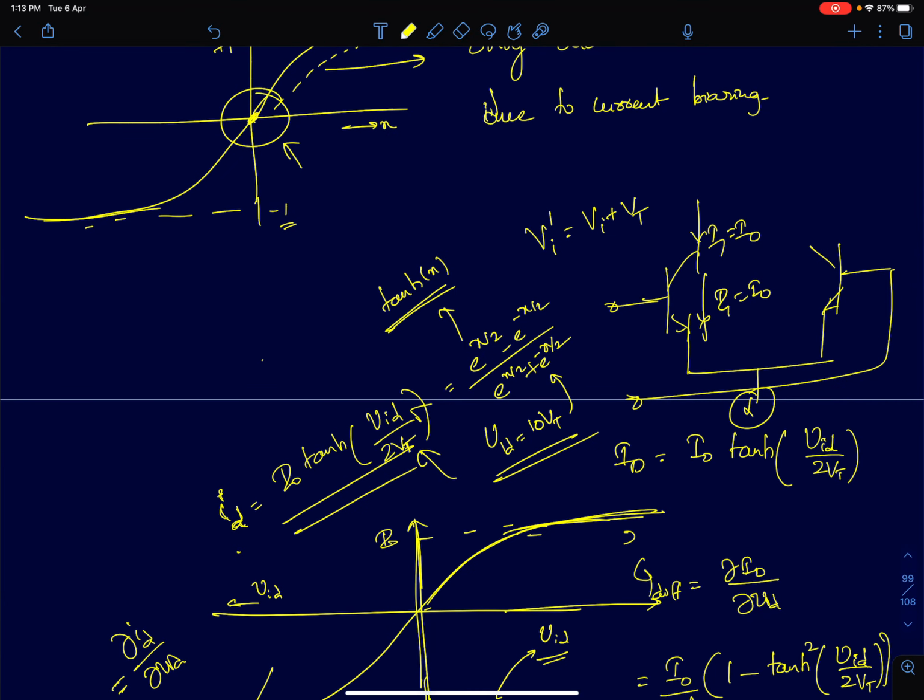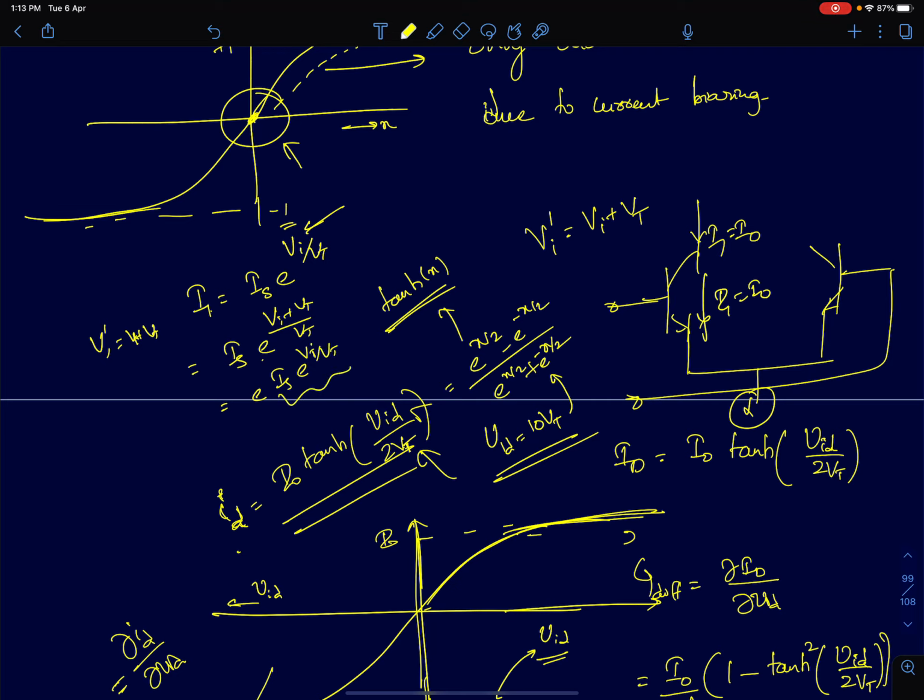So let's look at it: some current I is given by IS e power Vi upon VT. Now if I increase Vi by just 1 VT, so let's call Vi dash as Vi plus 1 VT, you can see that the current increases by e times. So this will be e power Vi plus VT upon VT, so you will get e times IS e power Vi by VT.